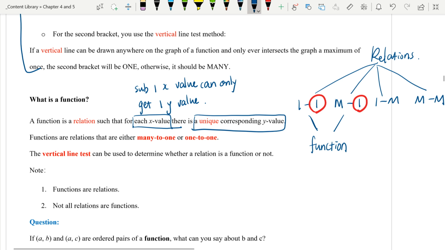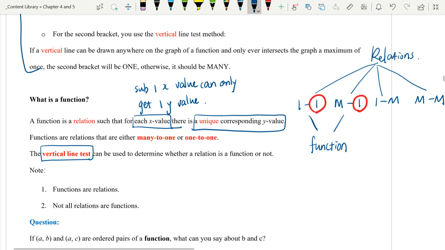So that's why one-to-one or many-to-one is a function, not the other 2. I need the relation to be one-to-one or many-to-one to become a function. Which means it has to pass the vertical line test.